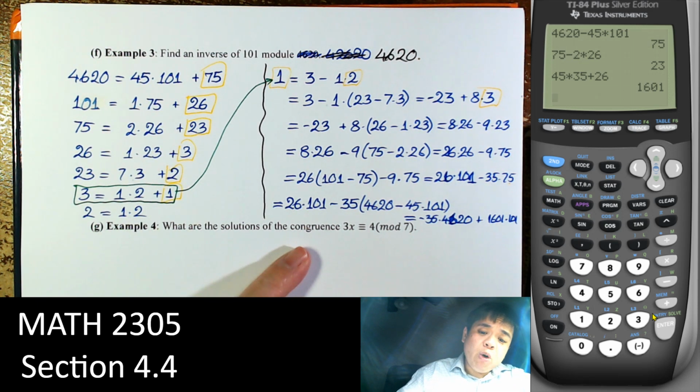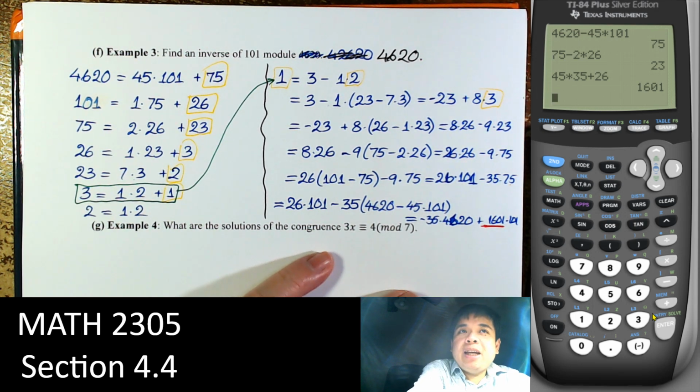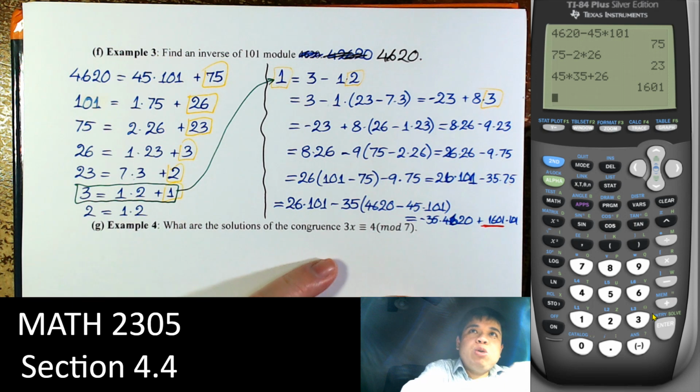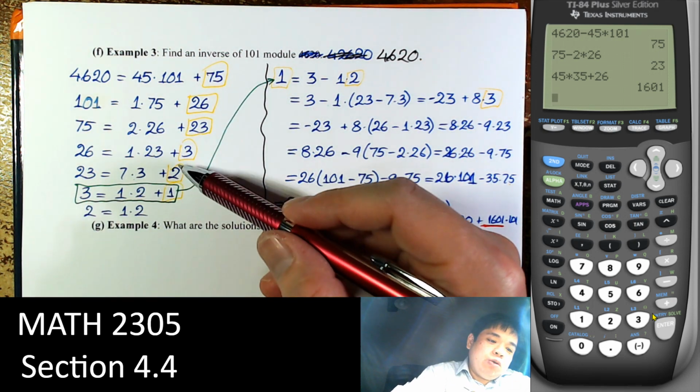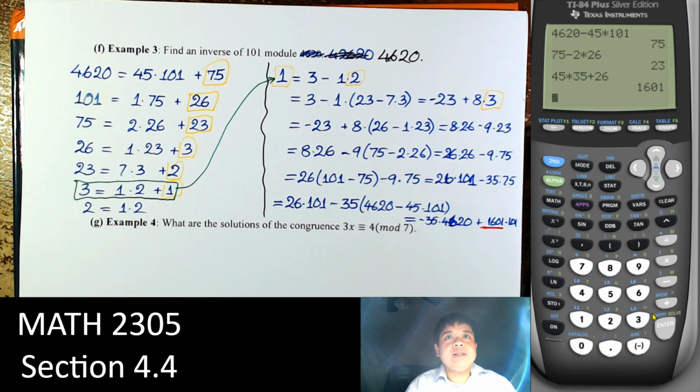Now the coefficient of 101 is 1601. So that is the inverse. So we have to do this and we substitute for all of the remainders in the Euclidean algorithm. So that's what we get.